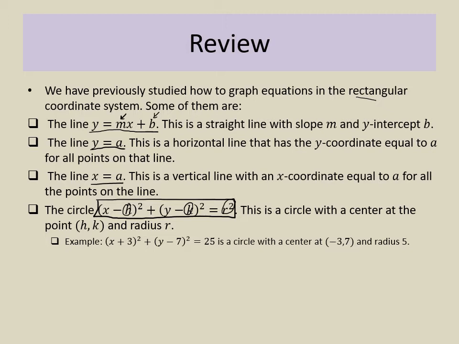For example, (x plus 3) squared plus (y minus 7) squared equals 25. This is an equation of a circle. The center of the circle is (negative 3, 7), because this is x minus h, and this here is the radius squared, which means the radius of that circle is 5.